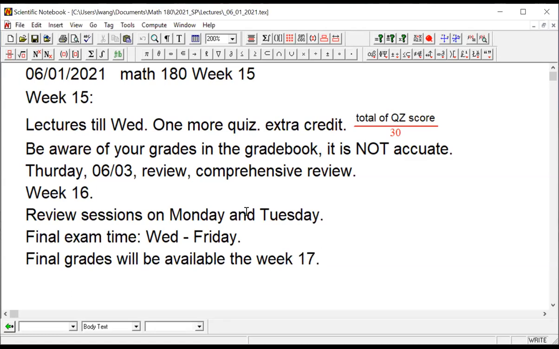Which day, I cannot promise. It depends on how quickly I calculate the grades. I will calculate the grades honoring my syllabus and my promise that number 31 is extra credit. Tomorrow we'll still continue our plan.